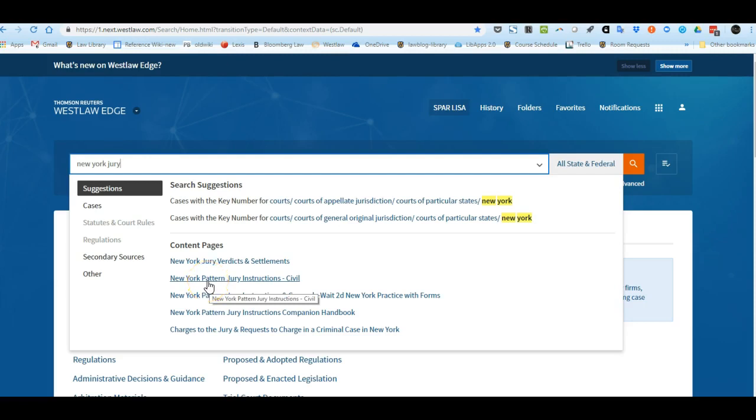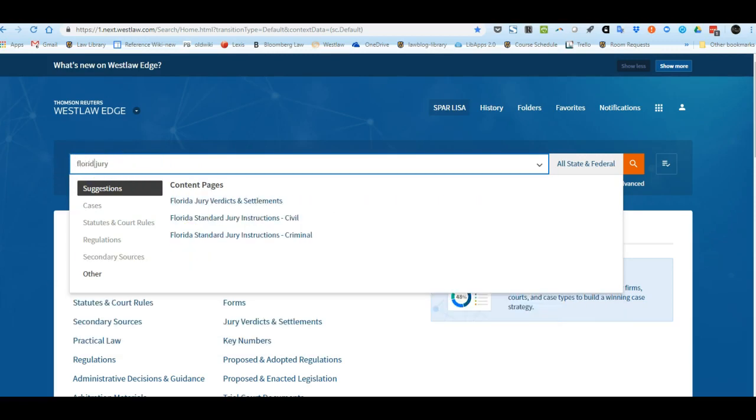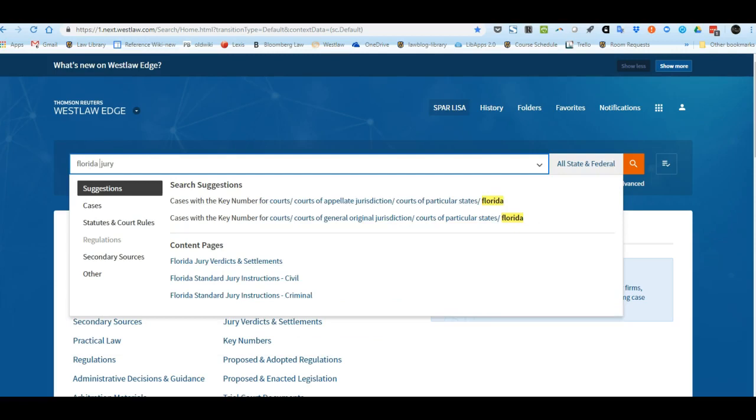If you're a litigator, you're going to hear, go to PJI, go to PJI. That is the place to go for New York civil jury instructions. If obviously you're interested in other states, you can type in those other states. So here, if I start with Florida jury instructions, you'll see what you get. So here we see Florida standard jury instructions.